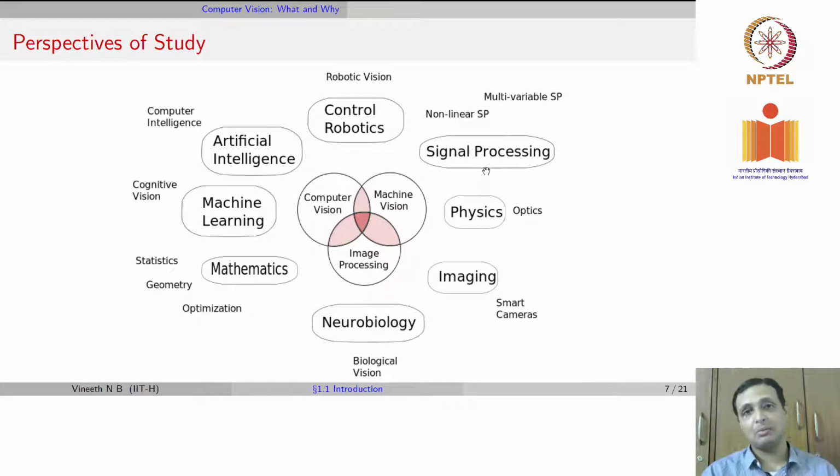Signal processing, because at the end of the day, an image is a two-dimensional signal. So a lot of the basic computer vision concepts follow through from signal processing. Control and robotics play an important role, especially in robotic vision. And of course, there are various other peripheral areas such as cognitive vision, statistics, geometry, optimization, biological vision, smart cameras, optics, multivariable and non-linear signal processing, robotic vision, and so on.